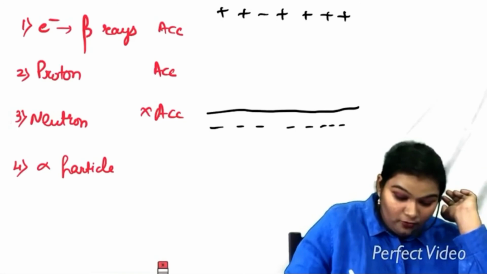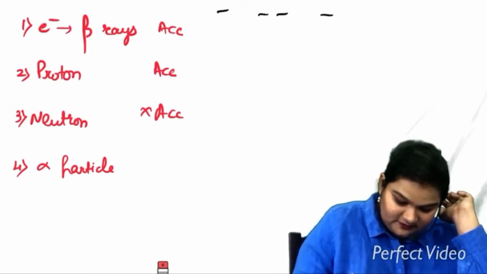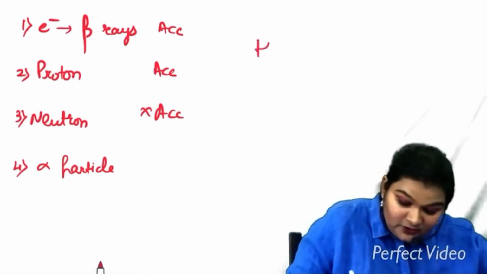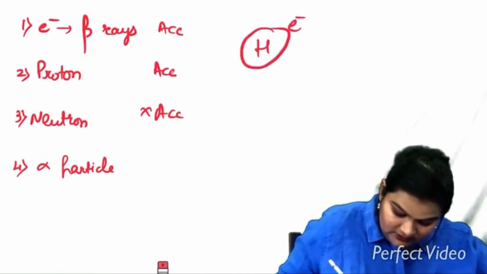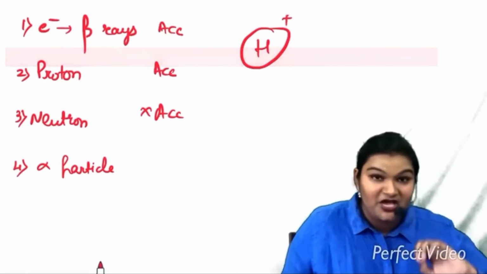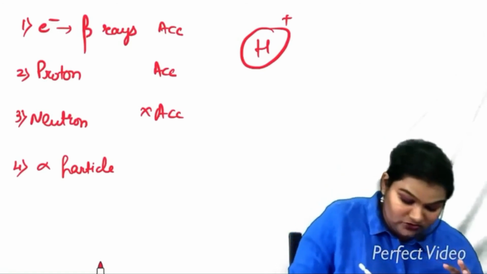Now one more point you need to know is that the hydrogen atom contains only one electron. When you knock off this electron, it is left with one positive charge, and hydrogen with one positive charge, you call it a proton. So what is a proton?